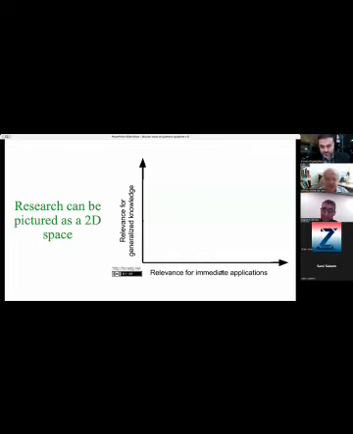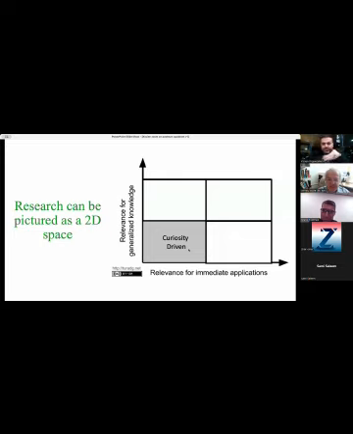Anyway, okay, we've got this lovely two-dimensional space. Stokes divided it up into quadrants. The first quadrant here is stuff that's not terribly relevant immediately, and maybe it isn't going to transform our understanding of the world. There are lots of words you could put in there, but you might call it curiosity driven. I'm a visual perception researcher.